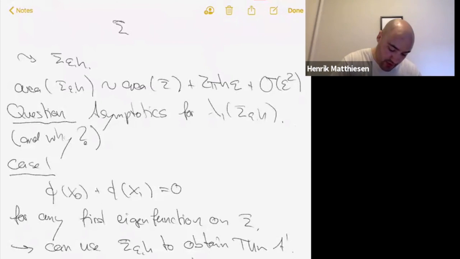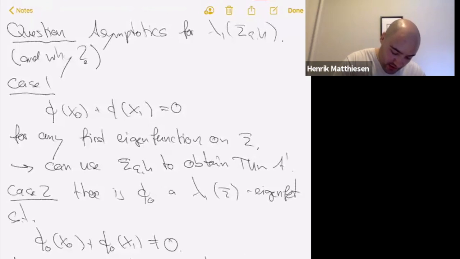Let's assume for simplicity that the multiplicity of the first eigenvalue is equal to 1. It's kind of silly, because then I could always choose the points x0 and x1 such that this condition is 0. But the arguments are basically the same. The general case is just easier to keep track of, because there are not too many other eigenvalues around.